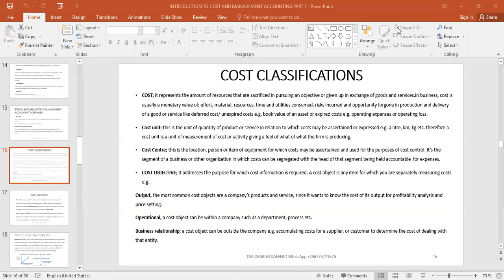These are the expenditures we incur in the production of a good or a product or rendering a service. These costs are usually expressed in monetary terms.